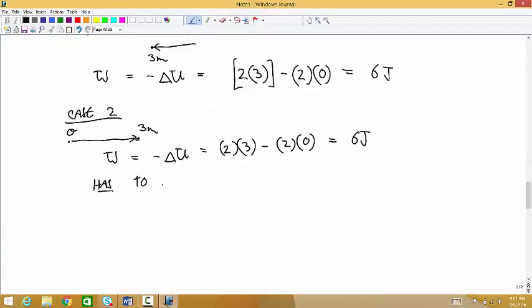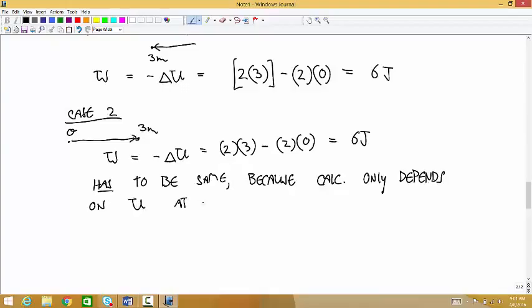It has to be the same because the calculation only depends on the potential energy at the start and end locations.